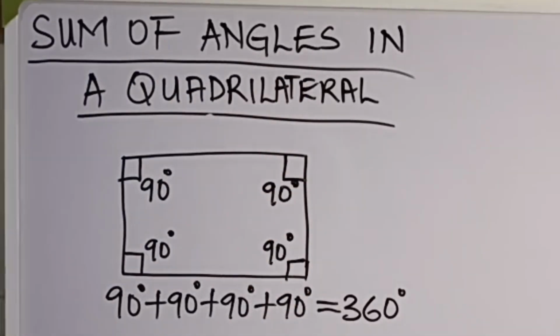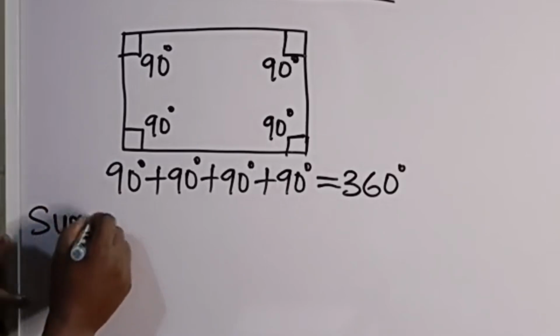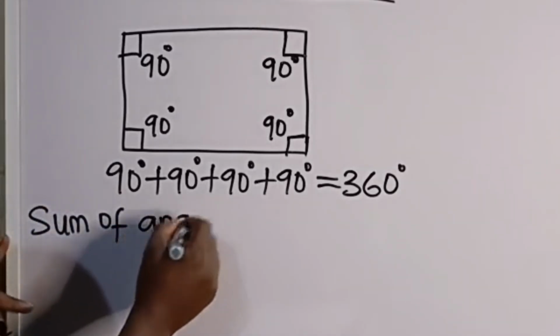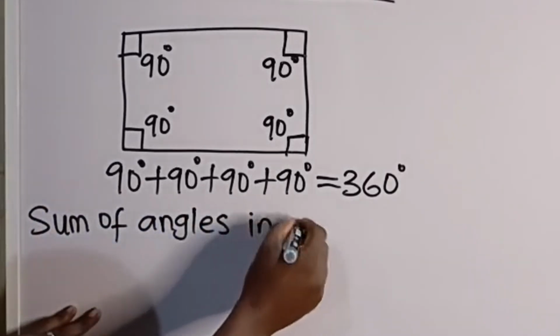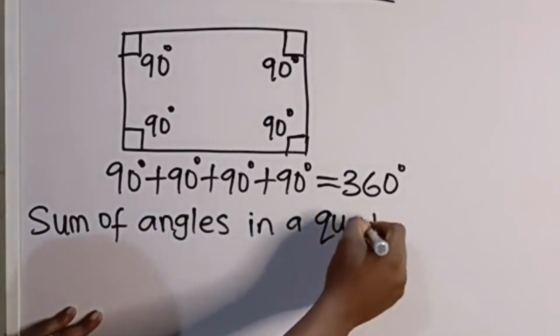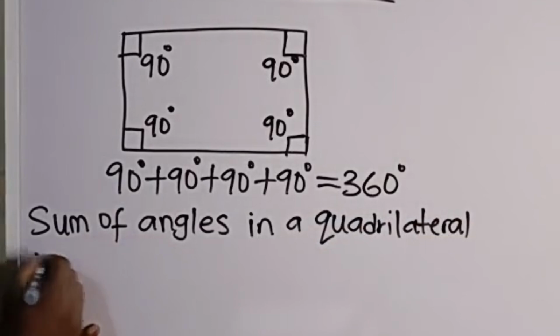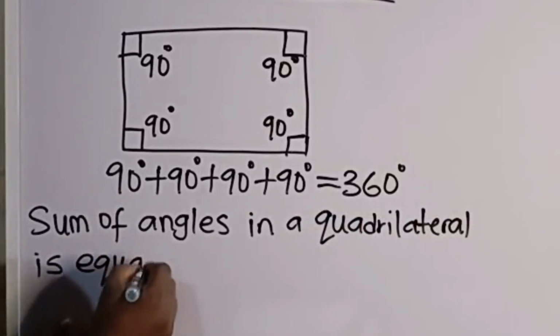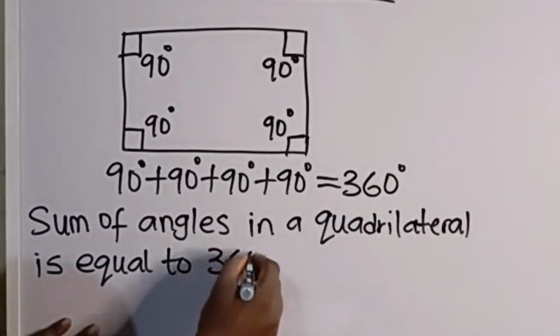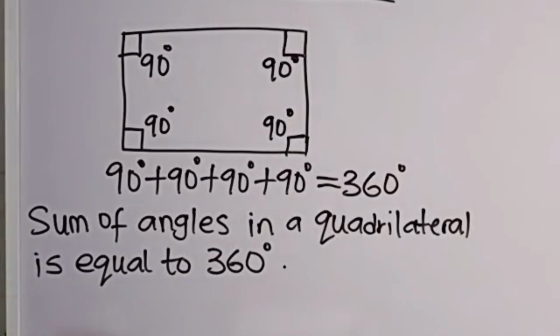So let's write that down. This is the principle we are going to follow to solve any missing angle of a quadrilateral.